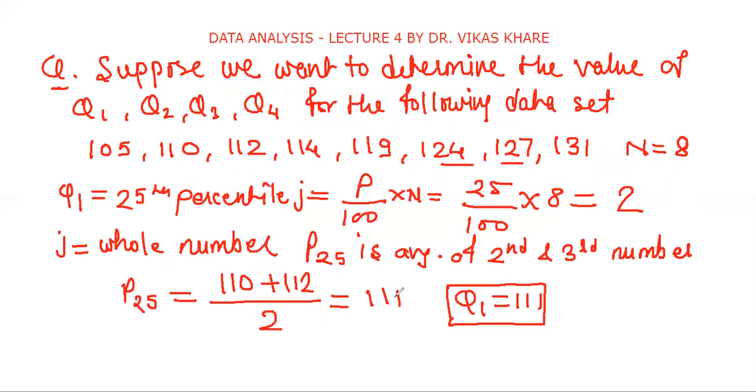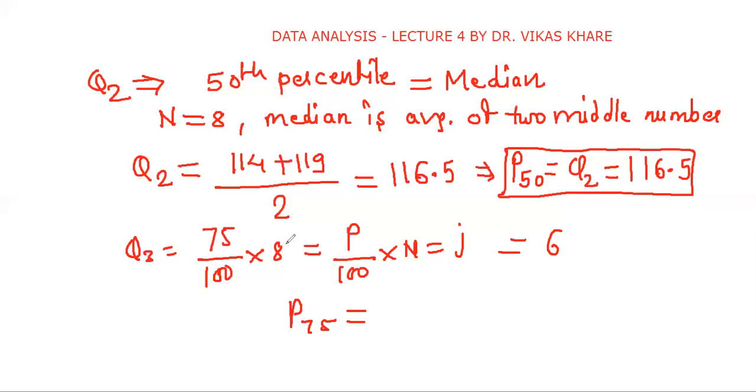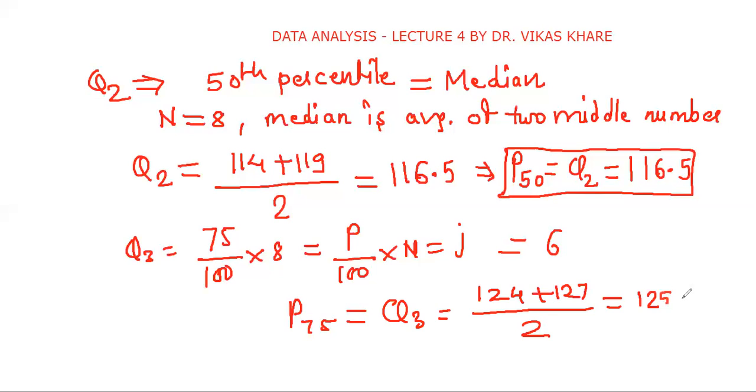So the value of P75, which is also equal to Q3, is 124 plus 127 divided by 2, which is 125.5. So the value of Q3 is 125.5.